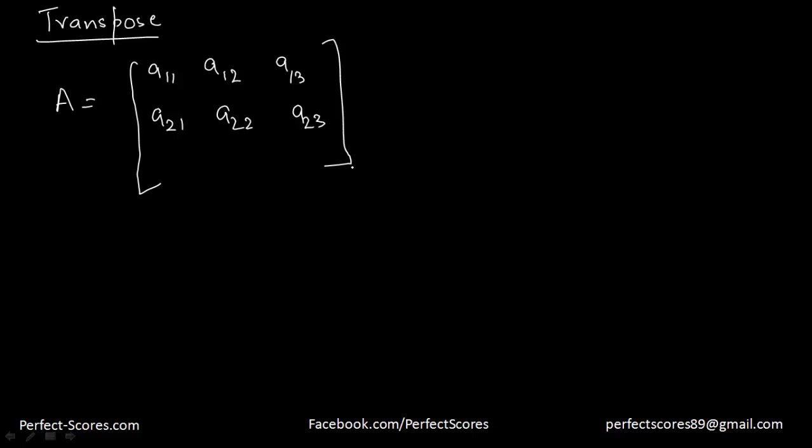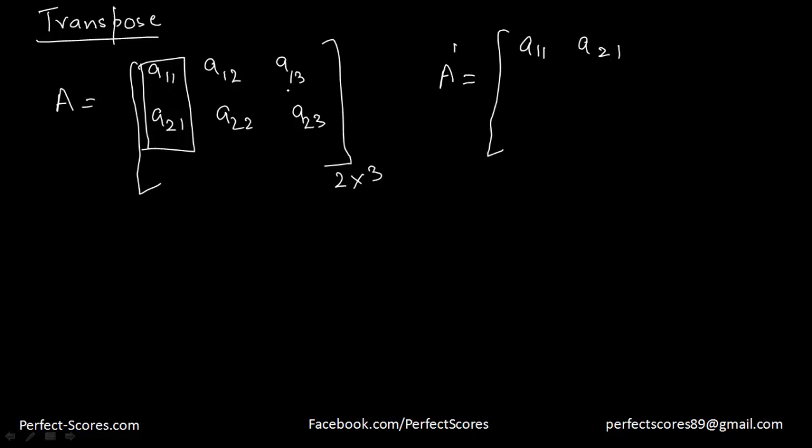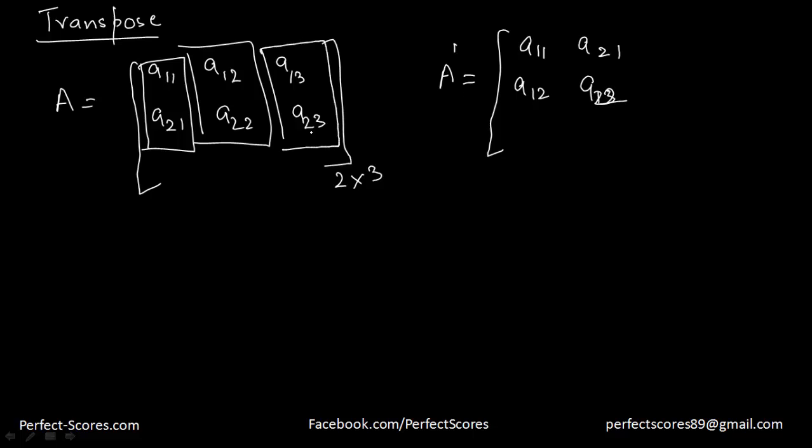So the order of this matrix is 2 rows and 3 columns. Now how is the transpose going to look? We know that this column is going to become a row, so you're going to have A11 and A21. Then this column becomes the row A12 and A22, and this column becomes the row A13 and A23.